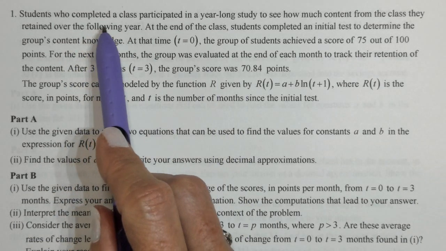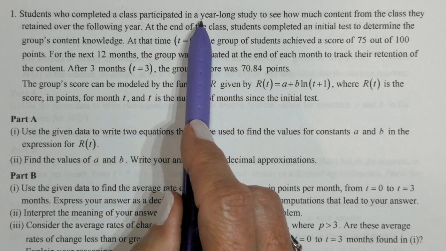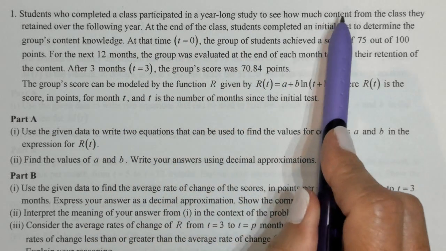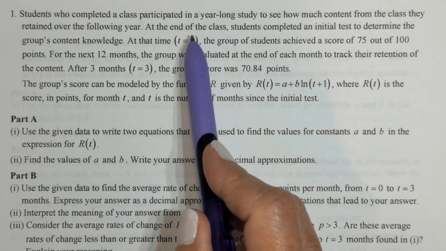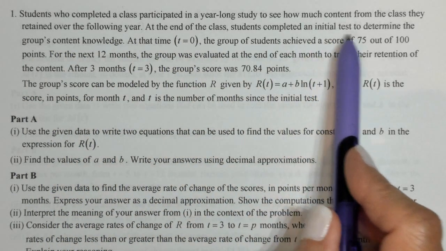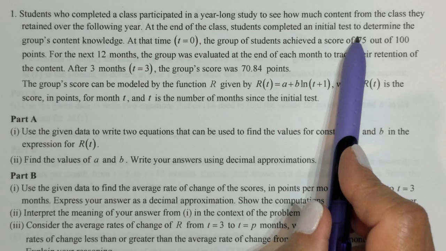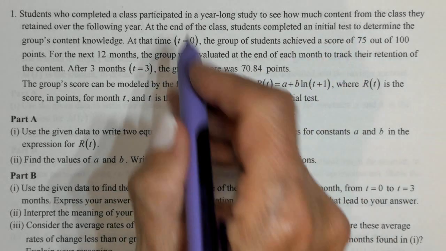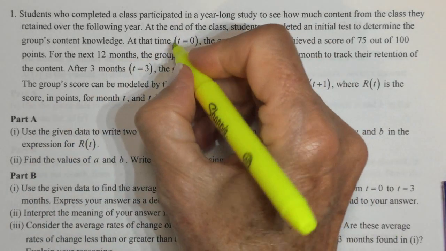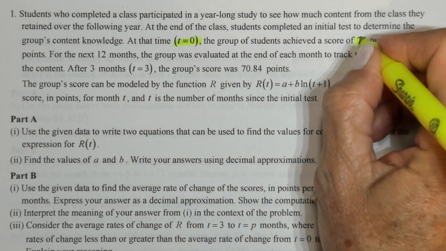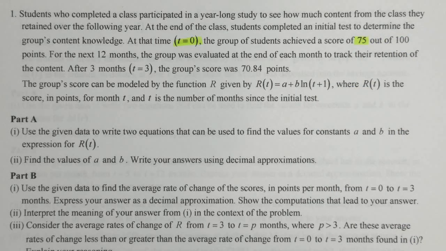Students who completed a class participated in a year-long study to see how much content from the class they retained over the following year. At the end of the class, students completed an initial test to determine the group's content knowledge. At that time, at time 0, the group of students got a score of 75 out of 100 points.